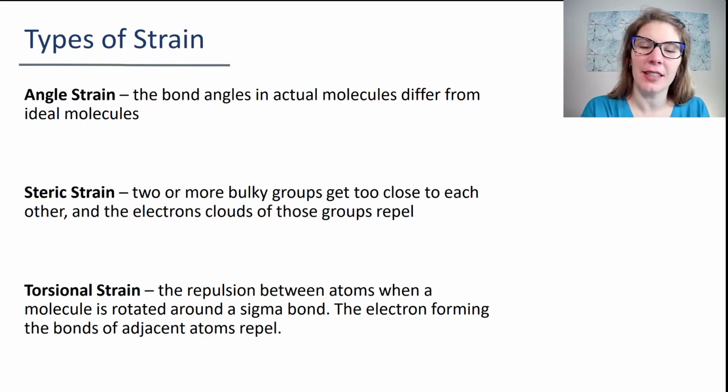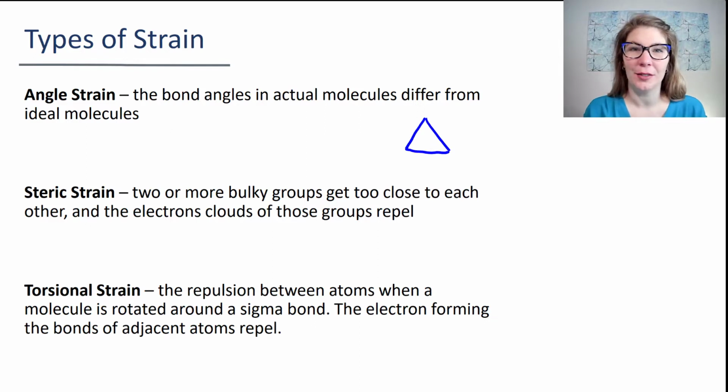If we look at something like cyclopropane, it has a bond angle of 60 degrees, which is ridiculous, because this is an sp3 hybridized carbon and it should have a bond angle of 109.5.